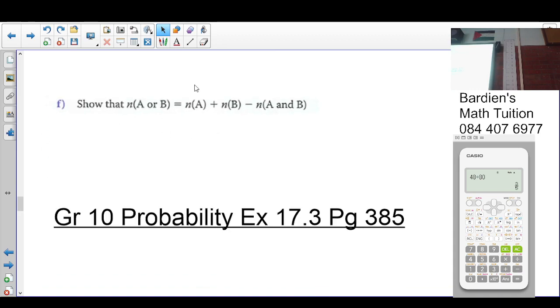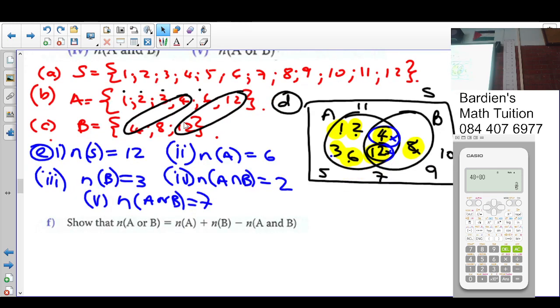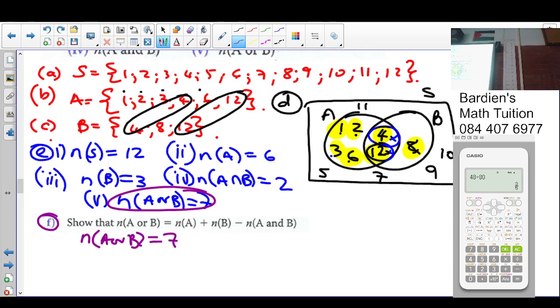Then it says again, show that. Okay, so let's get the purple here for F. So the number of A or B, which was 7, is equal to the number of A plus the number of B minus the number of A and B. This is the left hand side of the identity and this is the right hand side.